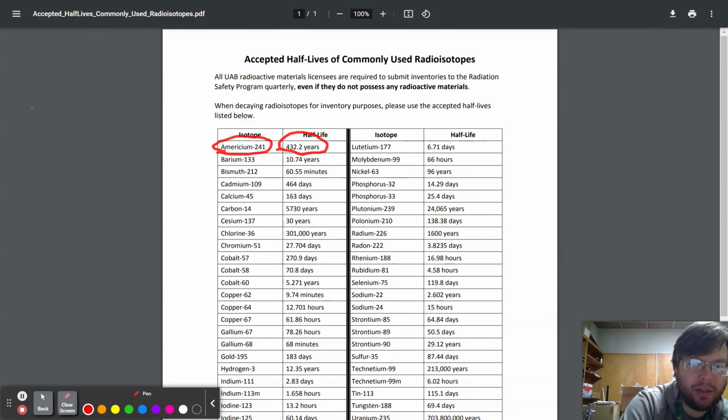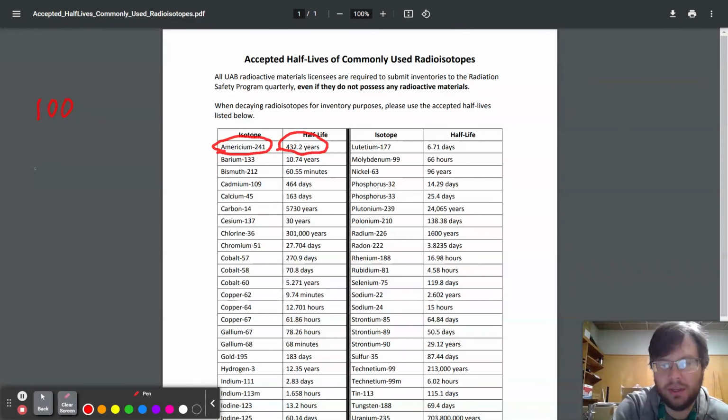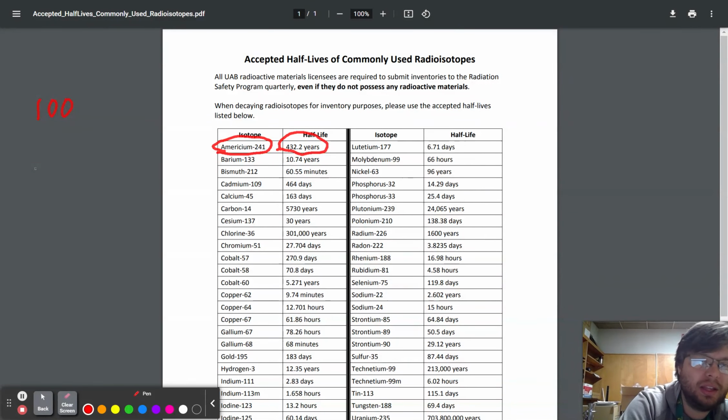So the way I interpret that is that if I start with 100 grams, or if I start with 100 pounds or 100 whatever of Americium 241, then after 432.2 years have gone by, I'm going to have half as much. So the amount of time it takes for me to go from 100 to 50 is 432.2 years.